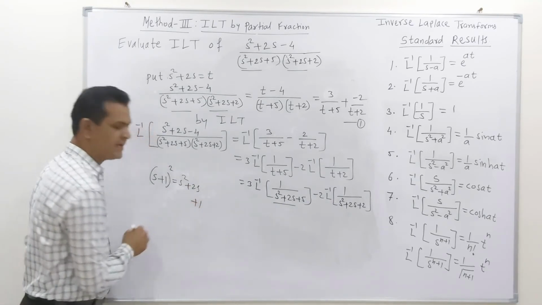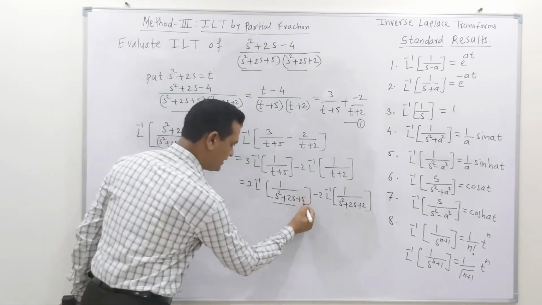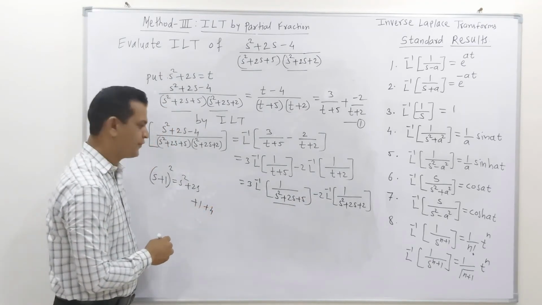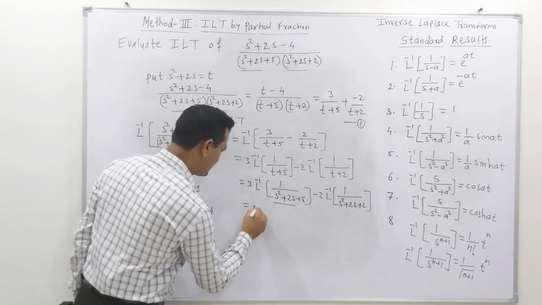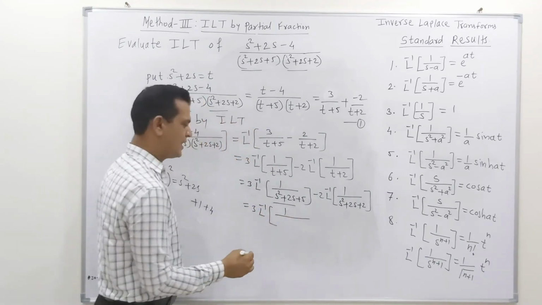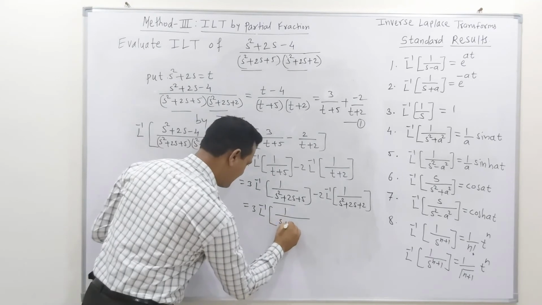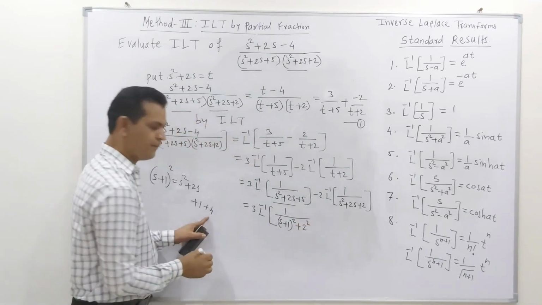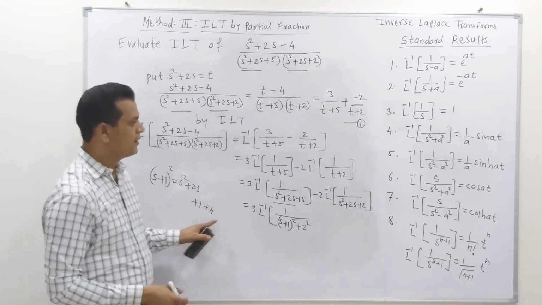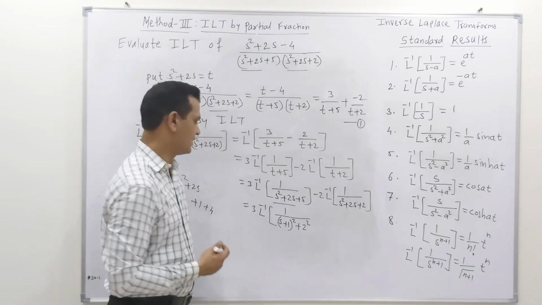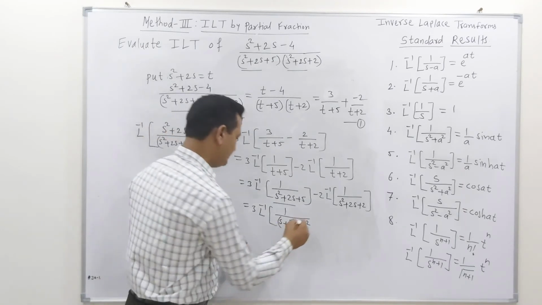Then plus 1 is there, but we require this term as 5, so we can write plus 4. Next step is 3 into inverse Laplace transformation of 1 upon s plus 1 squared plus 4. We can write 4 as 2 square because we require a square for applying the standard result. Here the square is available.